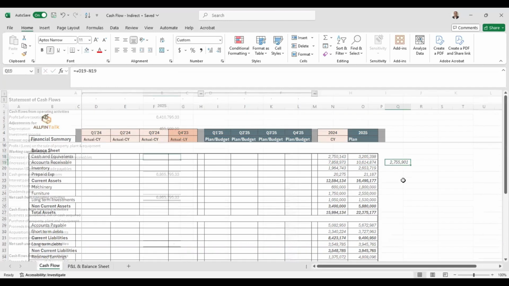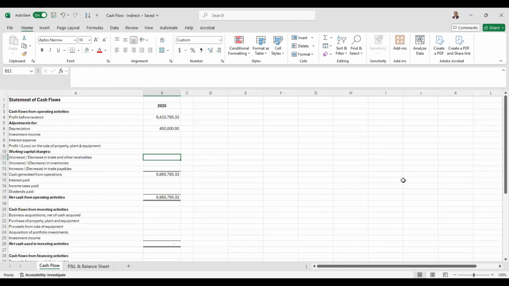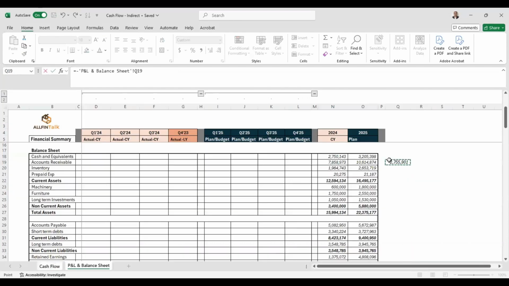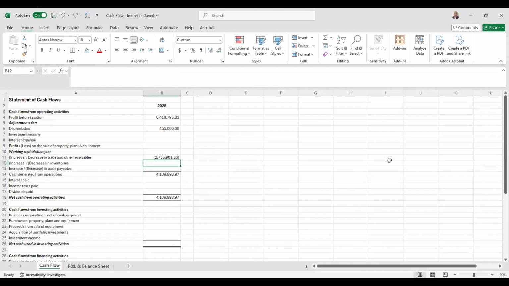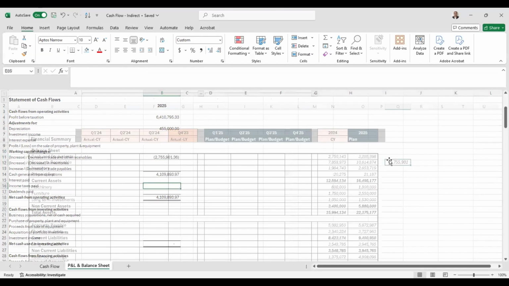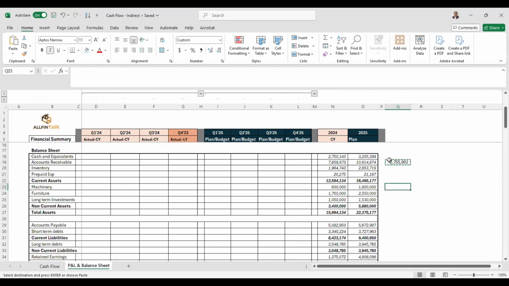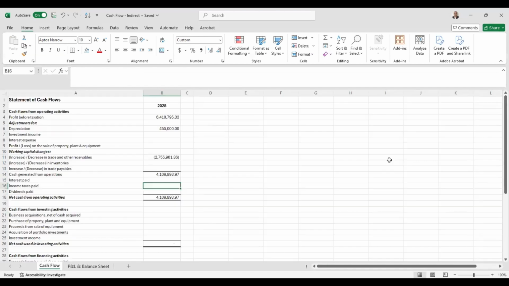is subtracted from my cash flow statement, from my net profit. Similarly, vice versa, any increase in the current liabilities is added to my cash flow from operating activities.